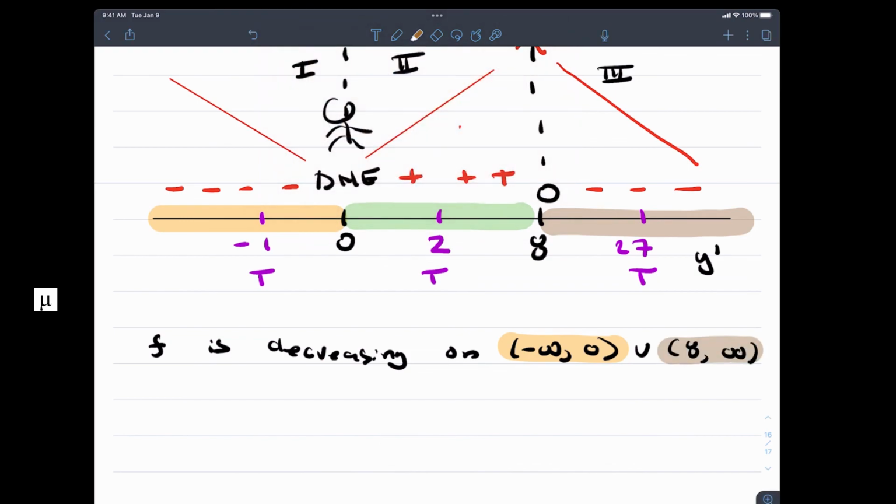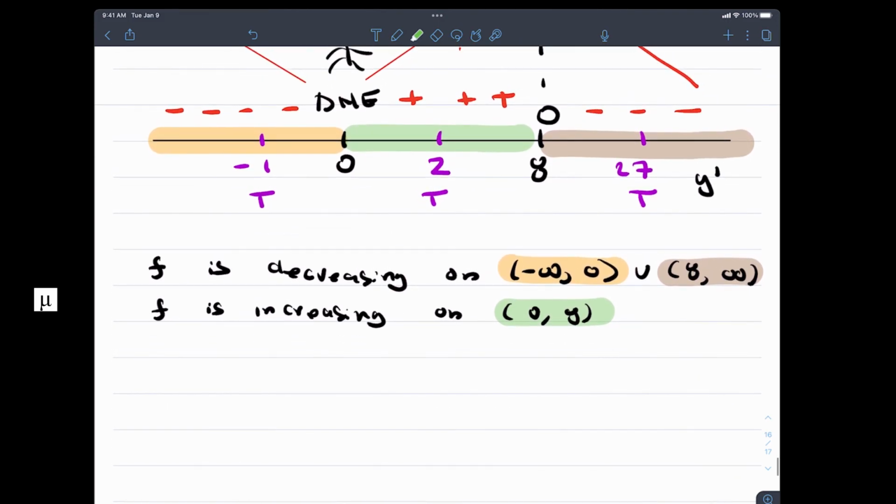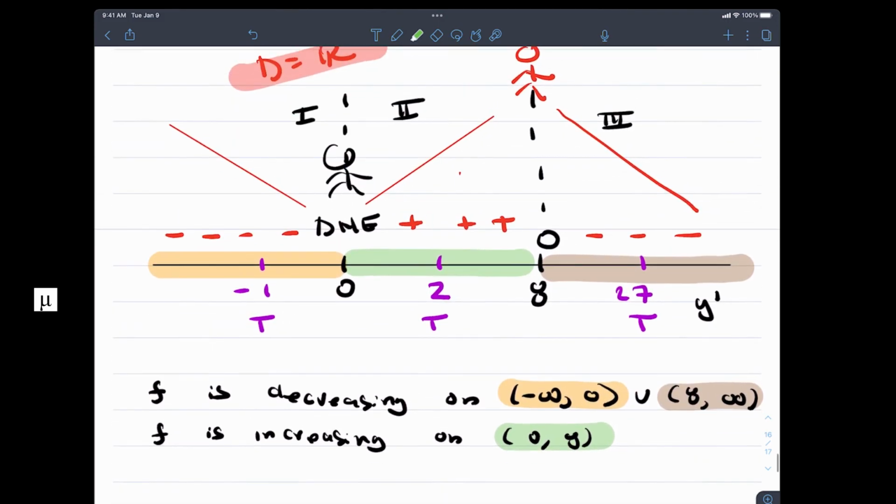So negative infinity up to 0, and then 8 to infinity. So your function is decreasing. F is what? Increasing on what interval? 0 to 8. Okay?